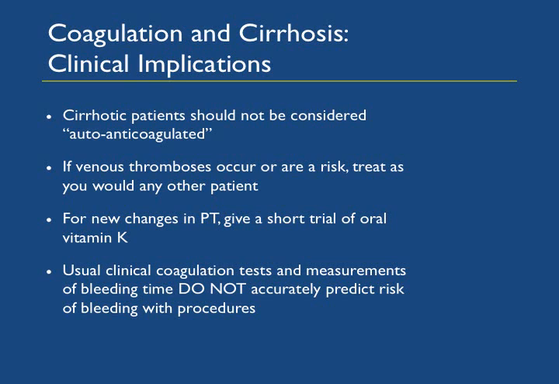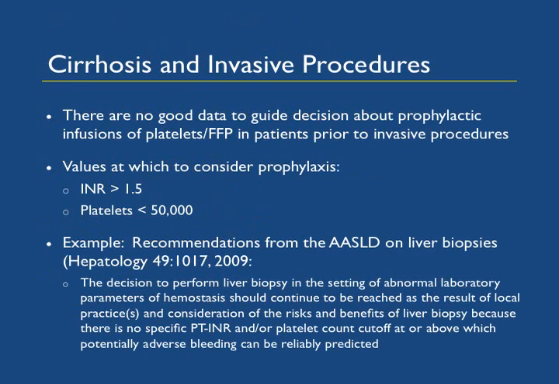Finally, remember that our usual clinical coagulation tests and measurements of bleeding time do not accurately predict risk of bleeding with procedures. So what do we do when we have a cirrhotic patient who needs an invasive procedure? Well, there are really no good data to guide our decision about prophylactic infusions of platelets or fresh frozen plasma in patients prior to invasive procedures.